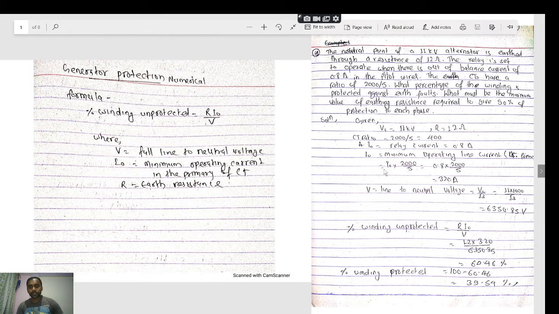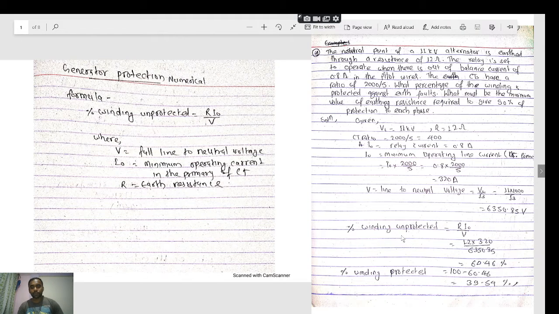Here capital I naught equals small i naught into CT ratio, that is 0.8 into 2000 by 5, that is 320 ampere. Now V equals line to neutral voltage equals VL divided by root 3, that is 11,000 divided by root 3 equals 6350.85.